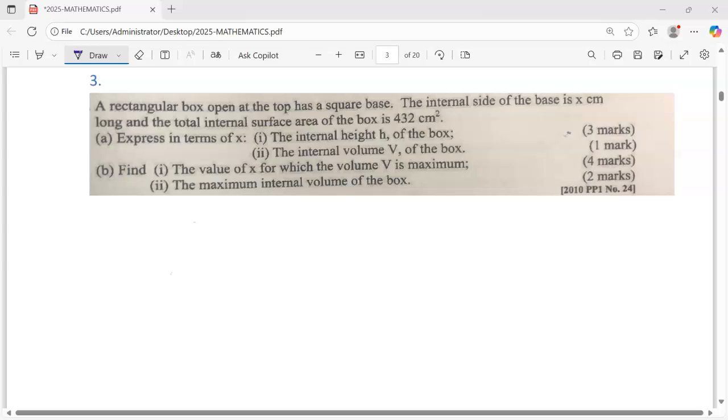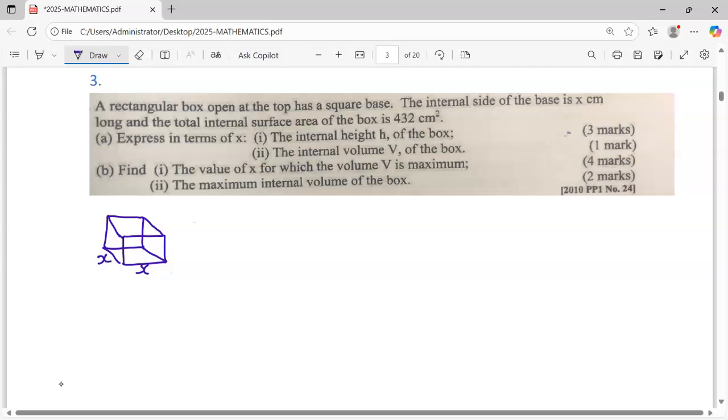Before we tackle part B of the question, we know that we can draw this box first. The box looks like this. We have been told that the box is open at the top and the base has a side x centimeters.